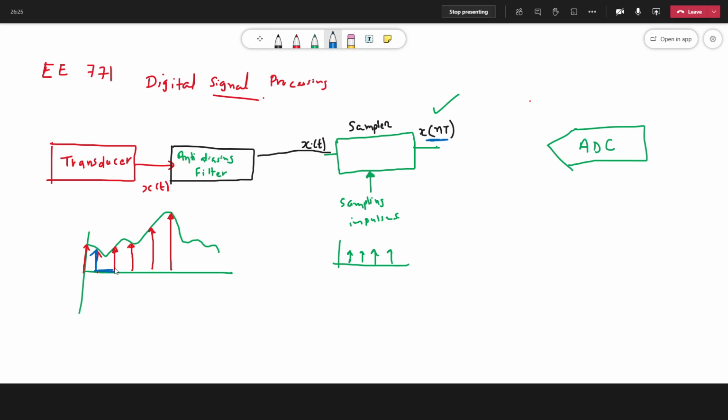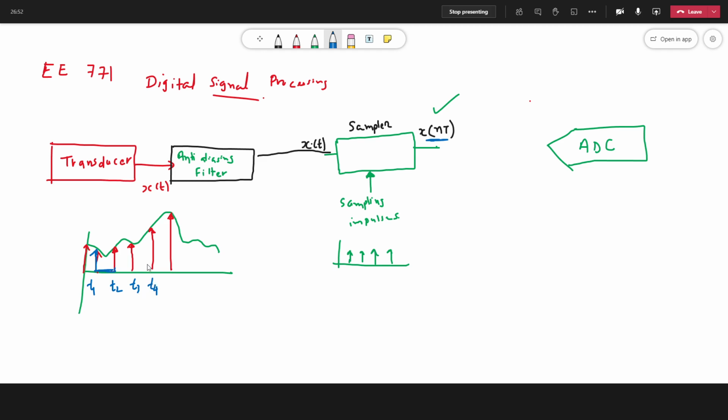So these impulses have a magnitude equal to the input signal x of t available at various instants t1, t2, t3, t4. Each successive time instant is separated by Ts duration.